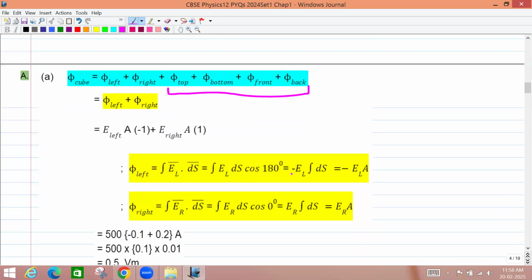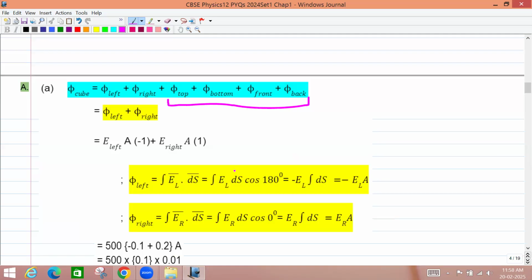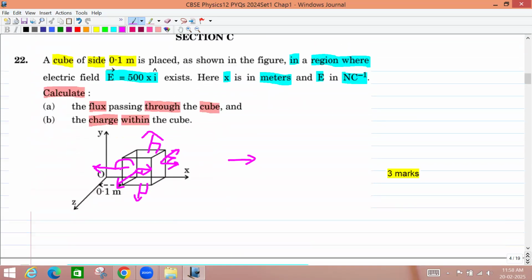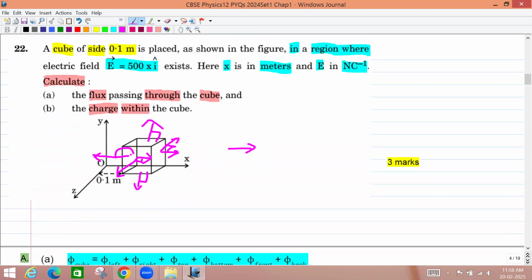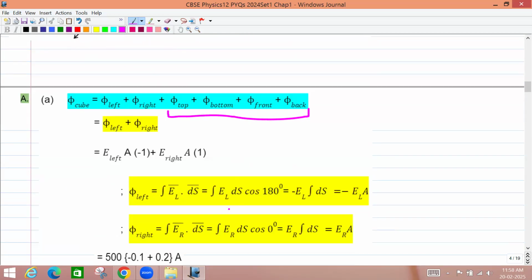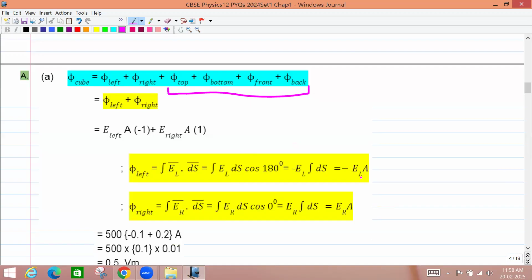So cos 180, which is -1. And the electric field on the left face is uniform because the electric field depends only on the x value. So for the left face, the x value is the same for all the points on the left face, which is 0.1. So the electric field is uniform on the left face, so it will come out of the integral, and the integral is the total area of the left face.